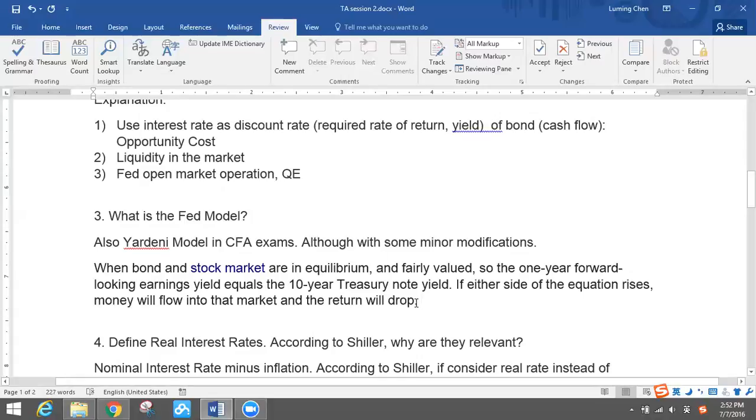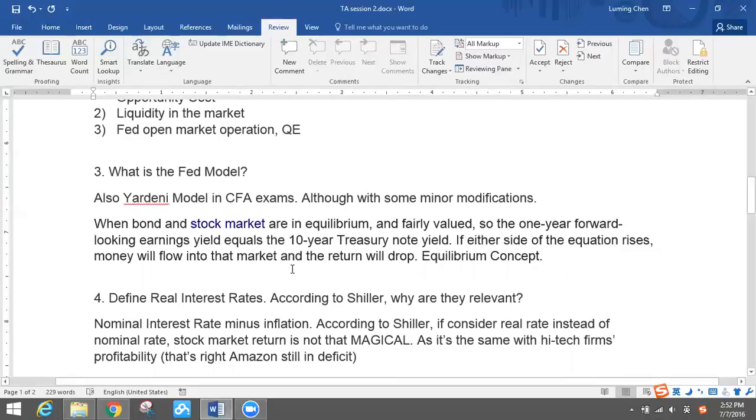So this is kind of an equilibrium concept. It must equal each other, because otherwise there is an arbitrage opportunity.